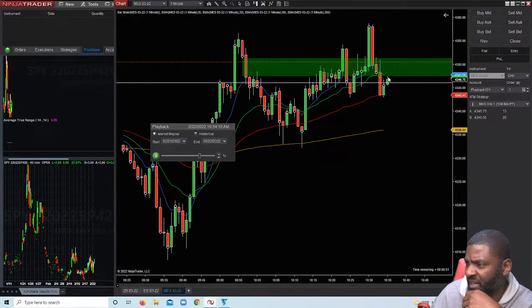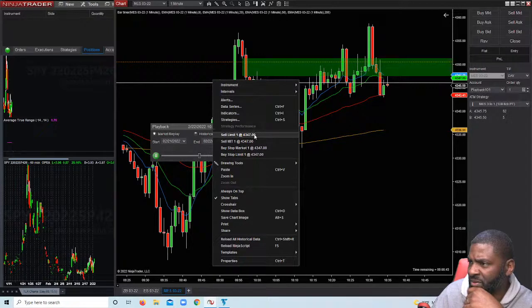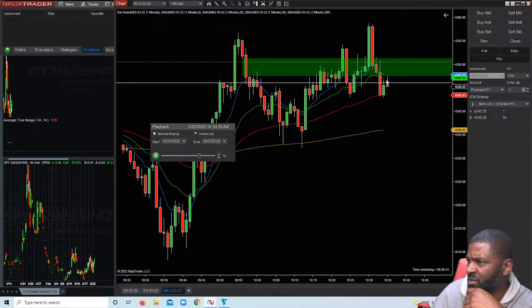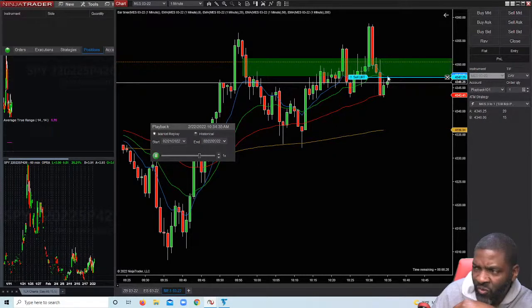I took it off the same area. I didn't remake it because the fair value gap that it made was right in the same spot, and splitting the difference of that gap is right there in the same box. So I didn't redraw a new box for the fair value gap.